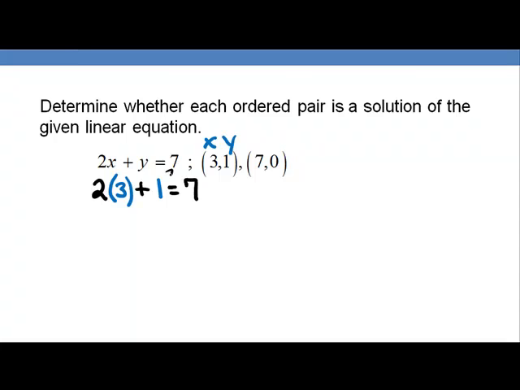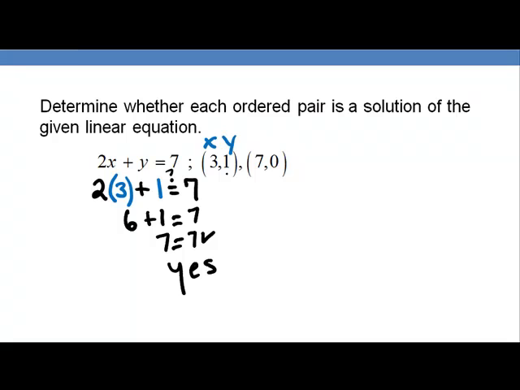We don't know if this is true or not, so we're going to work it out. 2 times 3 is 6, plus 1 does equal 7. So for our first one, the answer is yes. 3, 1 is a solution for this equation.